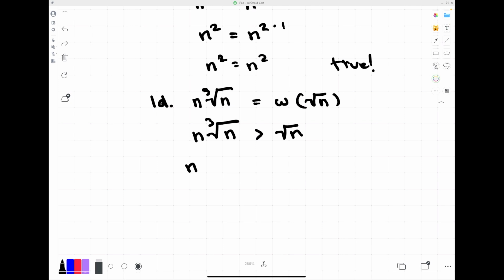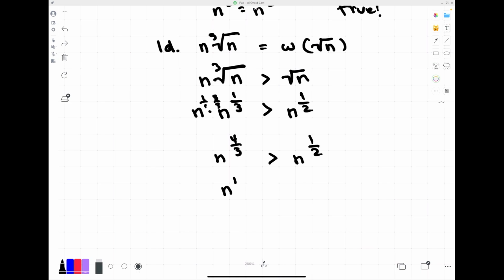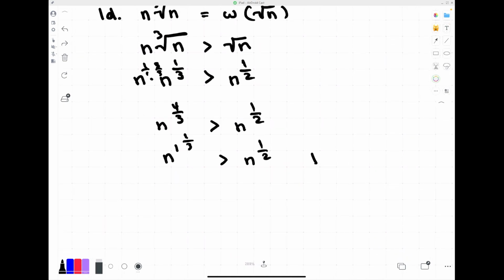So we simplify this to n times n to the 1/3, and then this is n to the 1/2. And this is 1 plus 1/3, which is 4 over 3, so this is going to be n to the 4 over 3 and n to the 1/2. So is our left-hand side greater than our right-hand side? Yes, so it's going to be true.